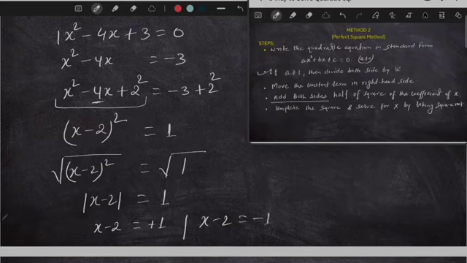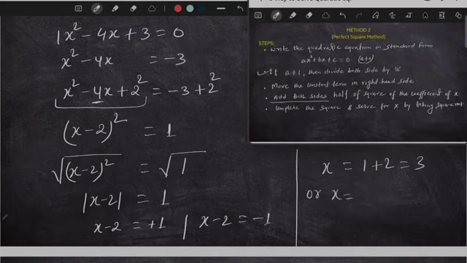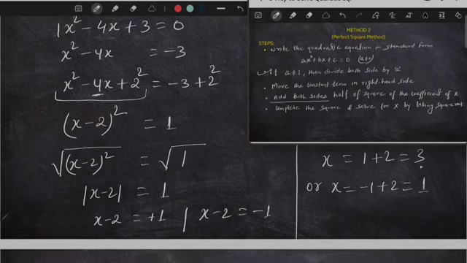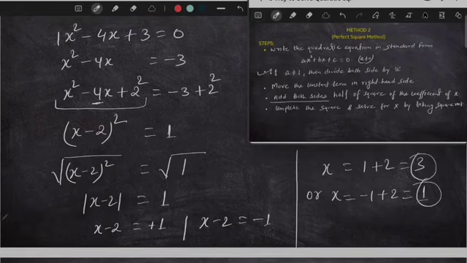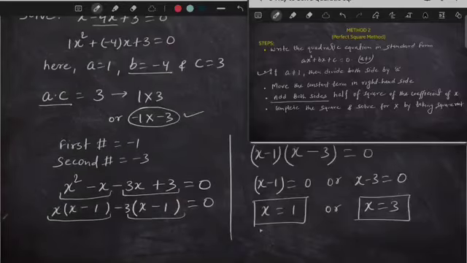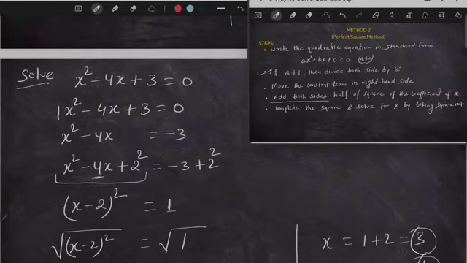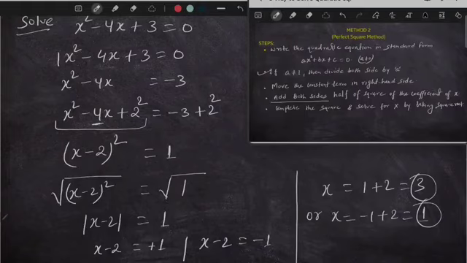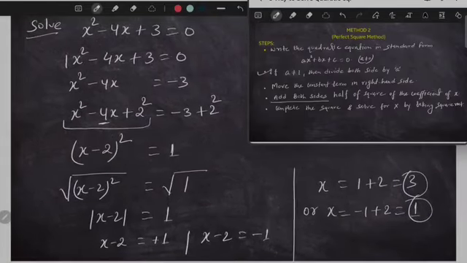So in the first equation x is 1 plus 2, which is 3, or x equals minus 1 plus 2, which is 1. So x equal to 3 and 1 are the roots of the equation, the same as before. This is the second method of solving a quadratic equation, the perfect square method.